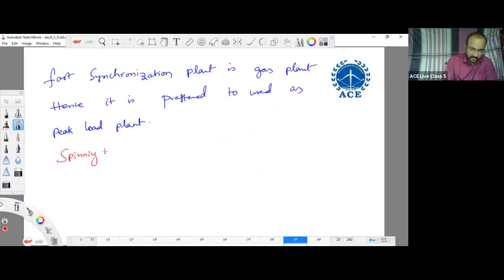Now let us define spinning power. Spinning power is the amount of power available at the bus bar, delivered to the load and consumed by the load.